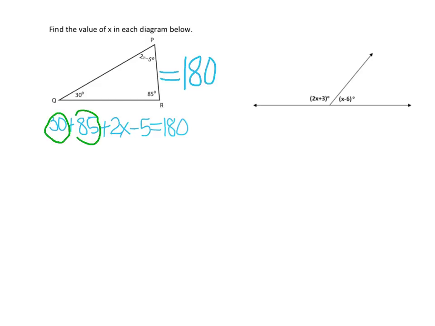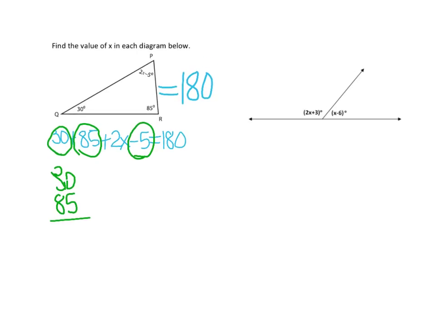30 plus 85, but then this says take away 5. When I combine them, 30, 85, goodness gracious, 30 plus 85 is 115.